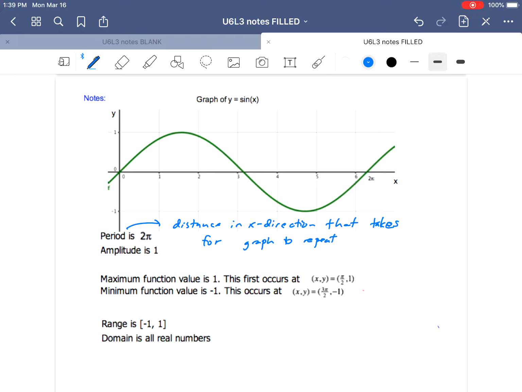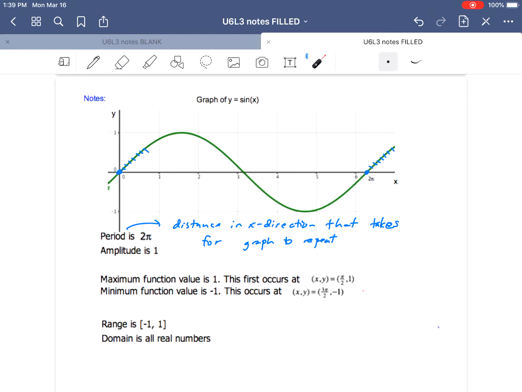So if we look at this graph, it starts at 0, 0, it starts at the origin, and then right when it gets here, which is at x equals 2 pi, the whole pattern starts again. So this part here is the same as this part here, and so that pattern starts over again. So the distance that took in the x direction, from 0 to 2 pi, that's what we call the period.